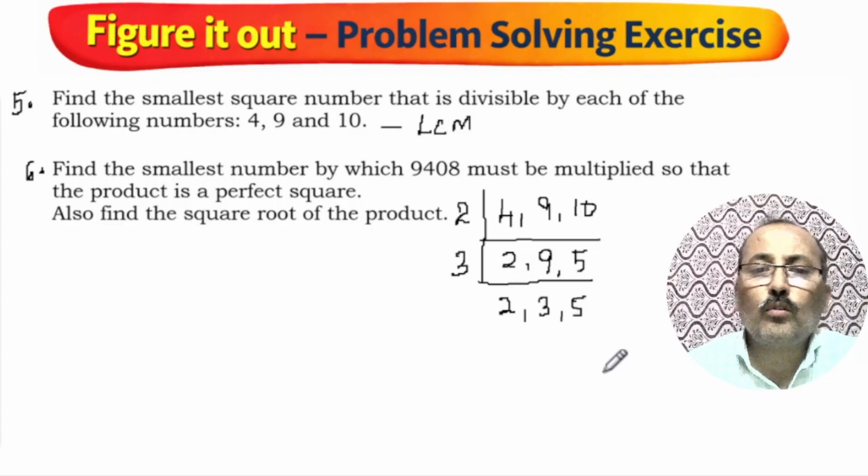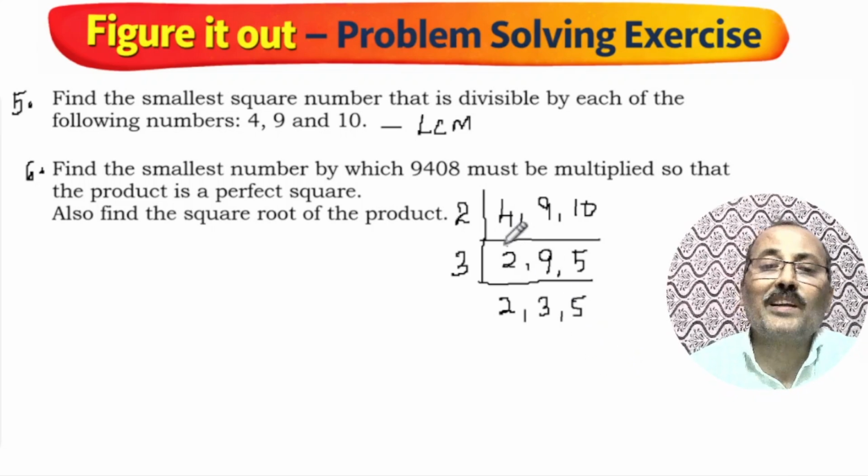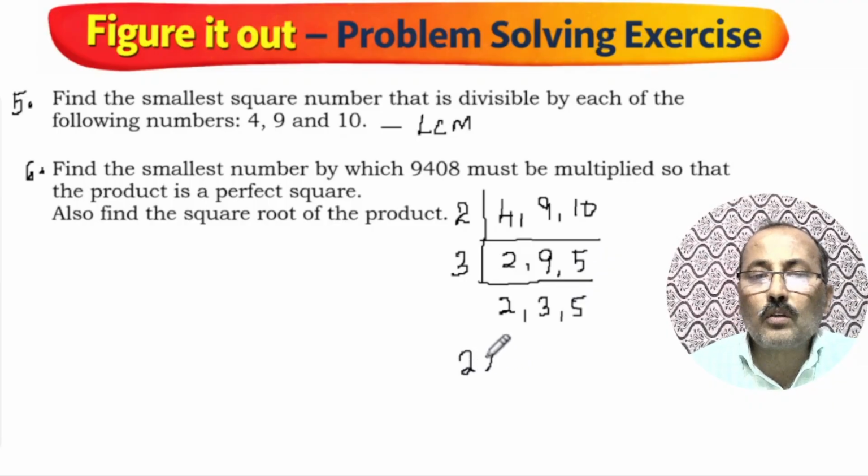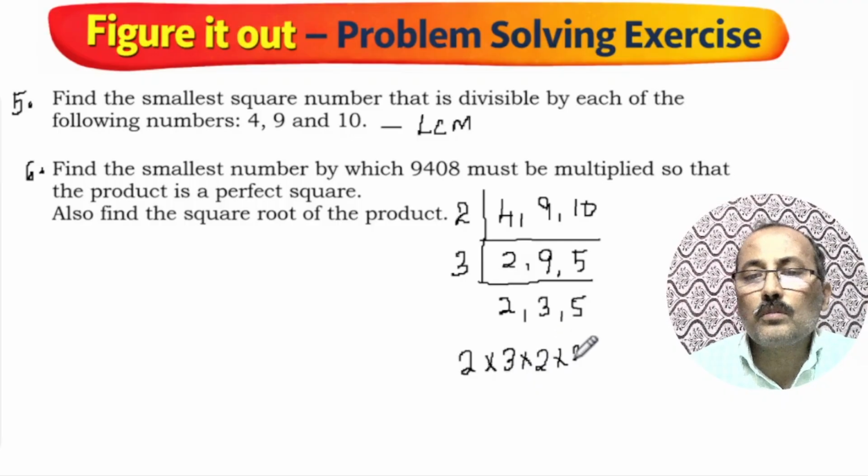Okay, now what is the LCM for this one? 2 into 3 into 2 into 3 into 5, because all of them ended with prime numbers. Hence LCM is the product of all the leftover prime numbers. That means 2 into 3 into 2 into 3 into 5.